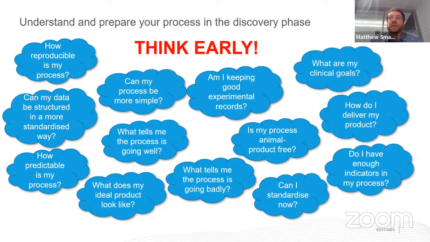So if you can use an analytical system to tell you, well, actually on day 2, if I don't see this marker, for example, I know on day 35 I'm not going to get what I need, you can fail early and fail cheaply, and then restart the process and move forward without having lost too much resource, too much time.